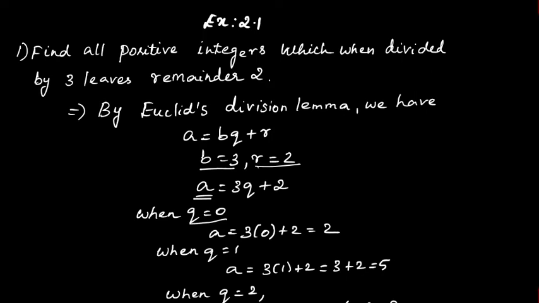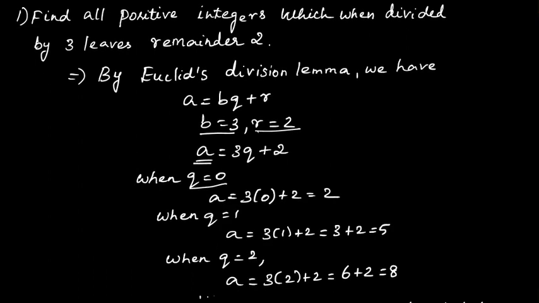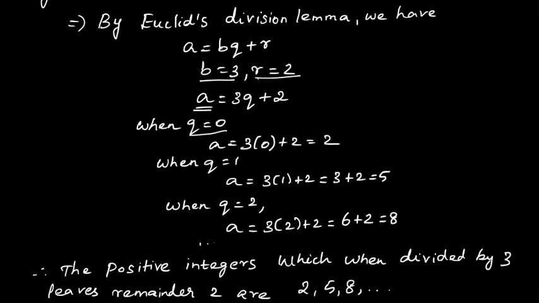So 3 multiplied by 1, you will get 3 plus 2. So 3 plus 2 is 5. So similarly, if you substitute q is equal to 2, you will get a is equal to 3 into 2 plus 2, that is 6 plus 2, 8. Therefore, the positive integers which when divided by 3 leaves remainder 2 are 2, 5, 8 and so on.